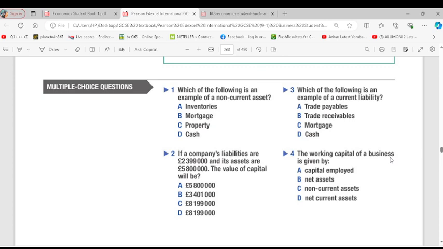So the answer is A. Is it clear? Sure. So that ends chapter 30.